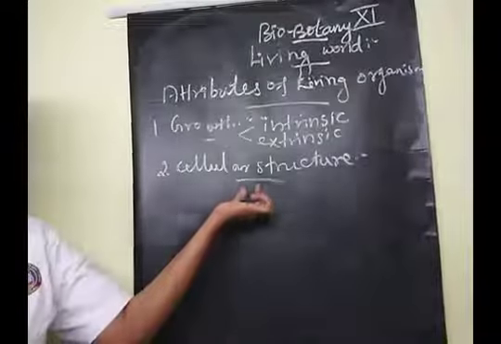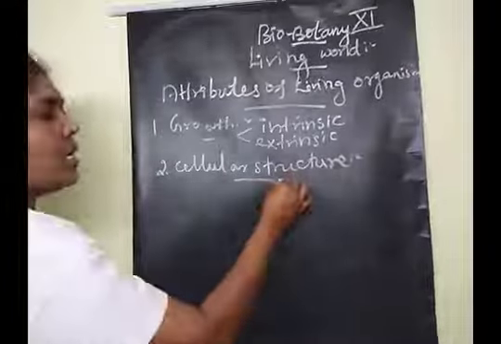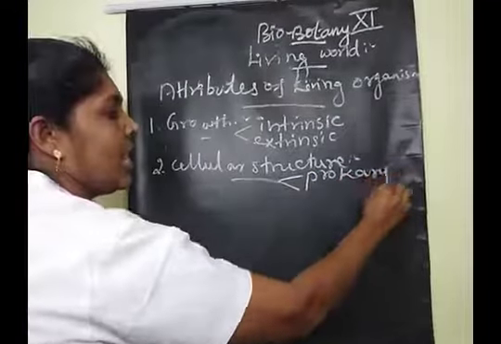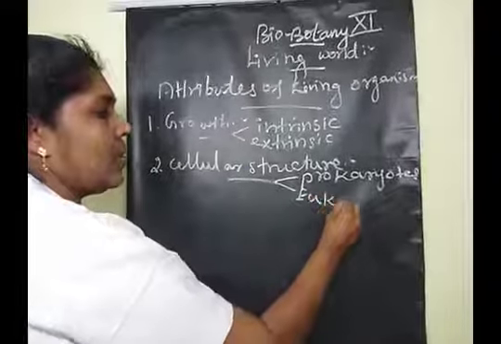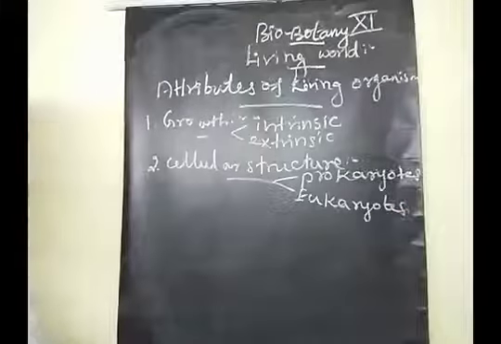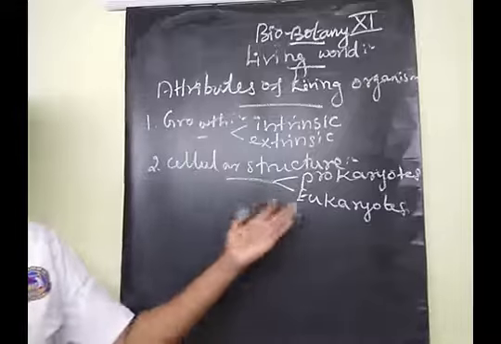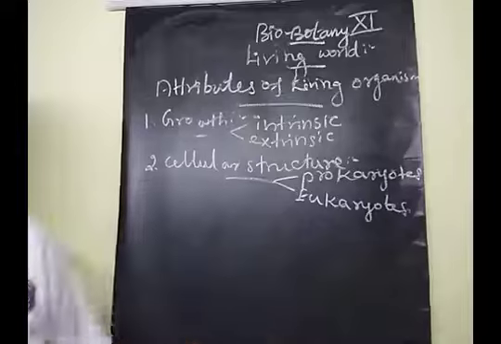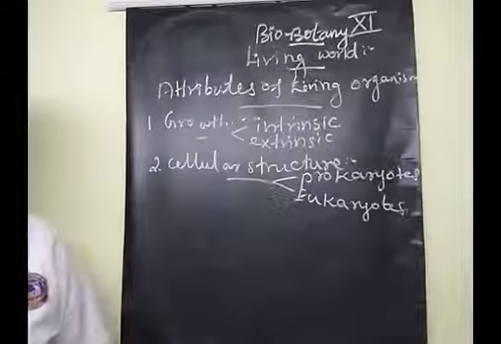The cellular structures come under two types, children. One is prokaryotic and another one is eukaryotic cells. Prokaryotes mostly come under unicellular organisms, the best example being bacterial cell.